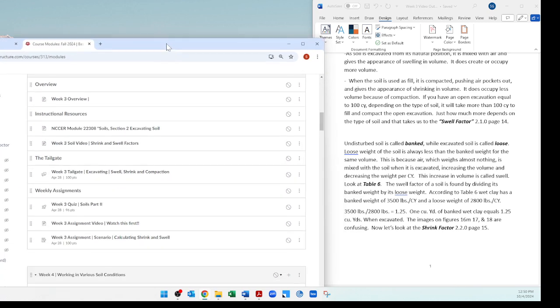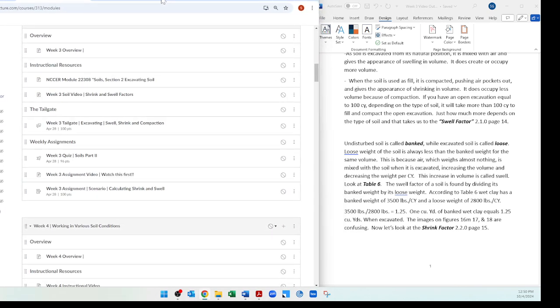There's Section 2. It's also available under instructional resources. So the first thing you probably want to do is read that module, and make sure you're understanding it. And toward the end, I think, is that scenario.